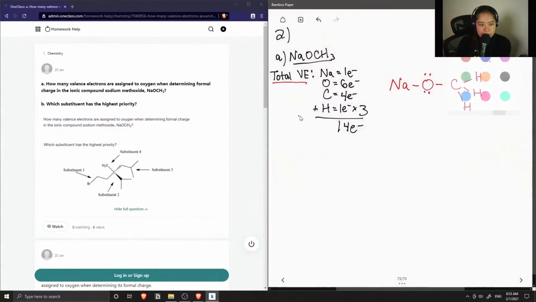Okay, so now let's calculate the formal charge of the oxygen. So the equation for formal charge is the number of valence electrons, which is what the question was asking for, minus the number of non-bonding electrons, minus the number of bonding electrons, divided by 2.